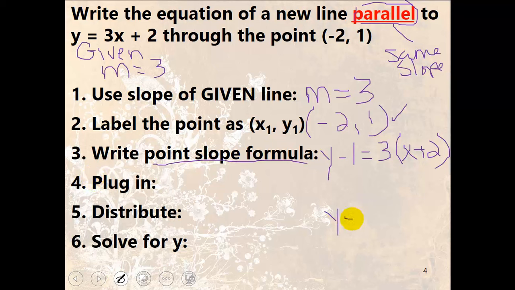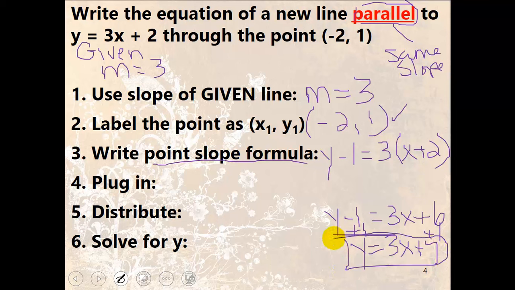So I get y minus 1 is equal to 3x plus 6. Then I'm going to add 1. y is equal to 3x plus 7. And there we go. That line is parallel to this one, and it goes through the point negative 2, 1.